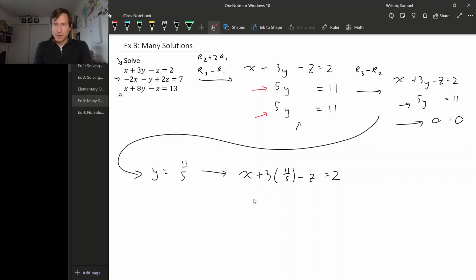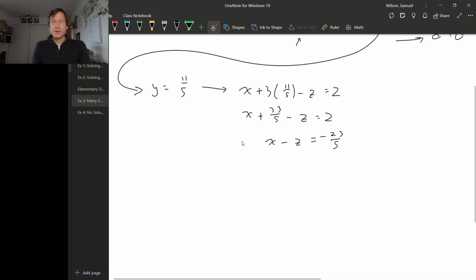So this gives us x plus 33 over 5 minus z equals 2. And then we can move the 33 over 5 to the right. So x minus z equals, 2 is 10 over 5, minus 33 over 5 is minus 23 over 5. Okay. So x minus z is minus 23 over 5, and y is 11 over 5.